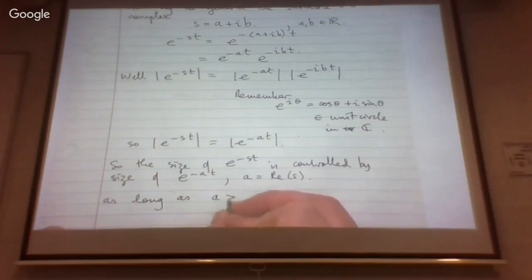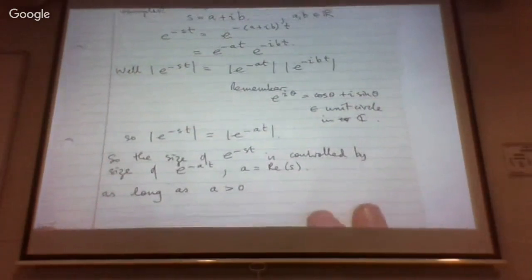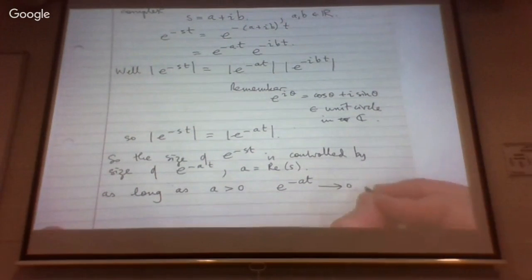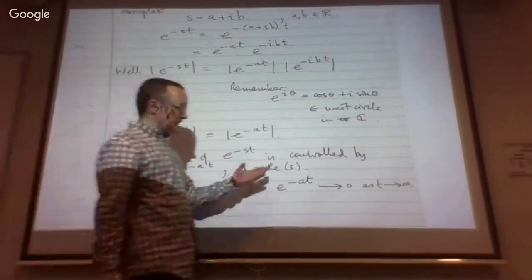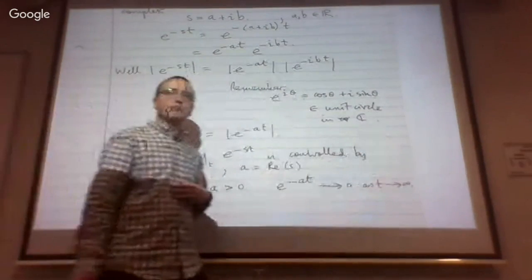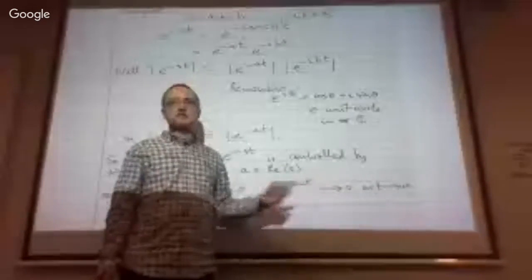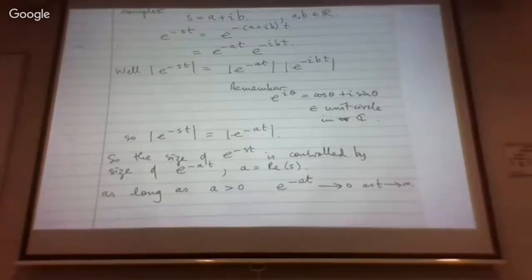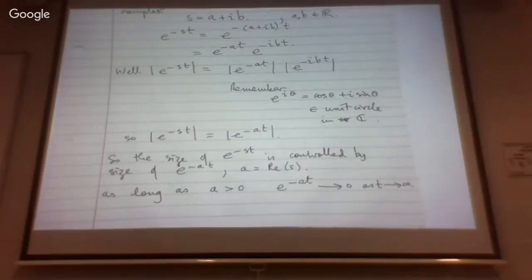Now, as long as a is a positive number, e to the minus at will converge to 0 as t goes to infinity. If a is positive, then as you let t go to infinity, t is running through positive values. So you'll have e to the minus a large positive number. So that's 1 over e to a large positive number. That's going to be getting very small. Because e to the large positive number will get very big, but it's in the denominator position, so it'll make the whole thing get very small.